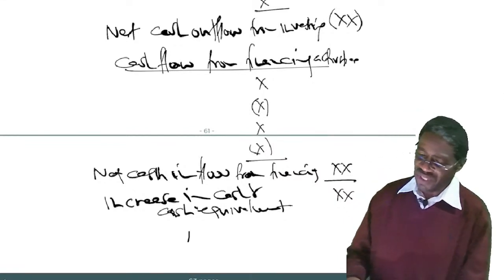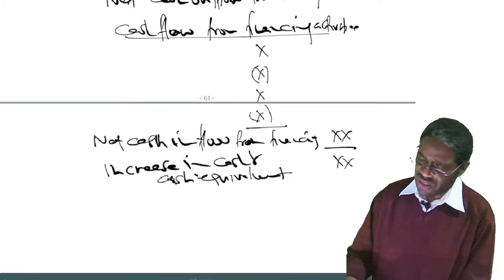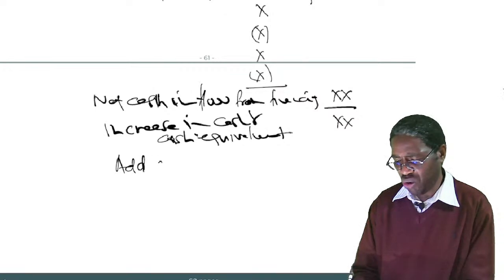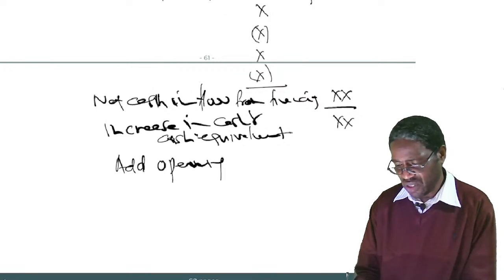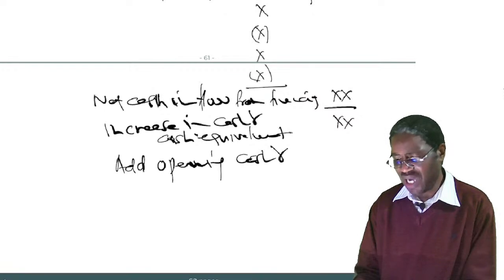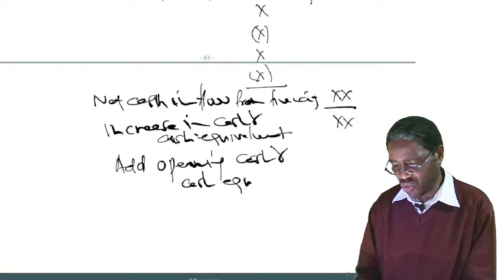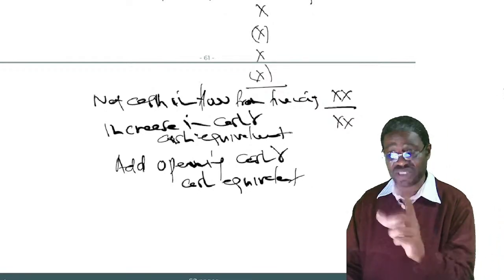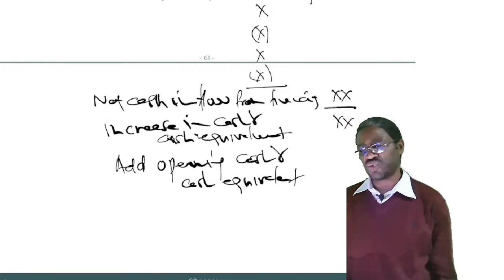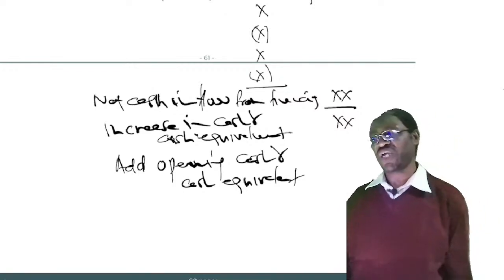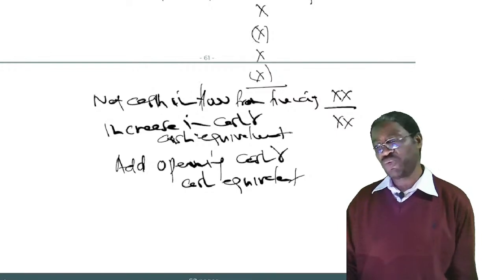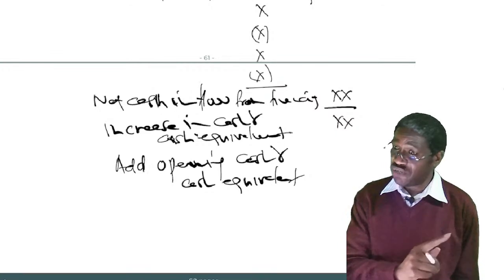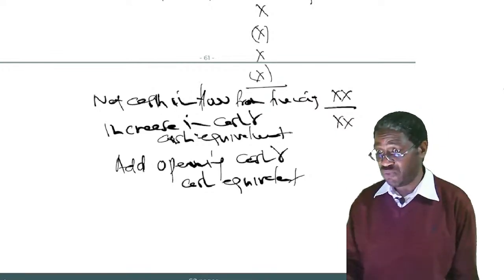Good. Once you did that, you now had to add what we call the opening cash and cash equivalent. Listen, in any question on cash flow, I do hope you remember, you used to be given two balance sheets: one for last year and another for this year.